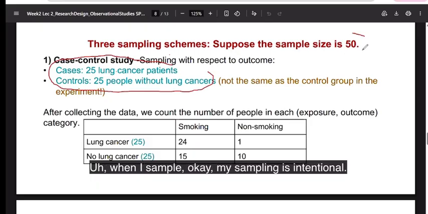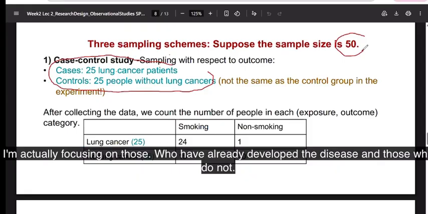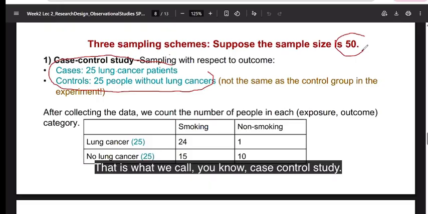When I sample, my sampling is intentional. I'm focusing on those who have already developed the disease and those who do not. That is what we call case control study.